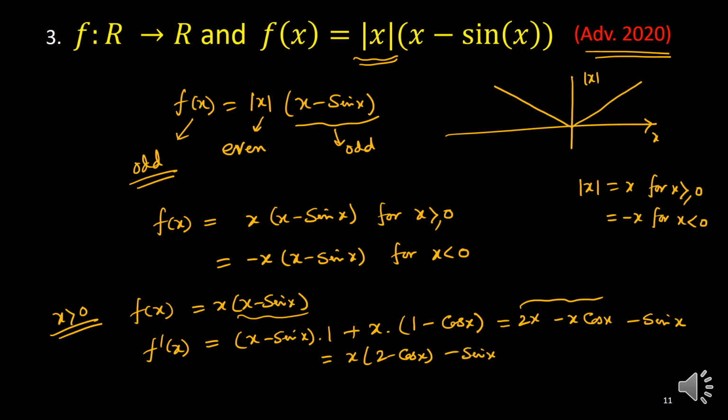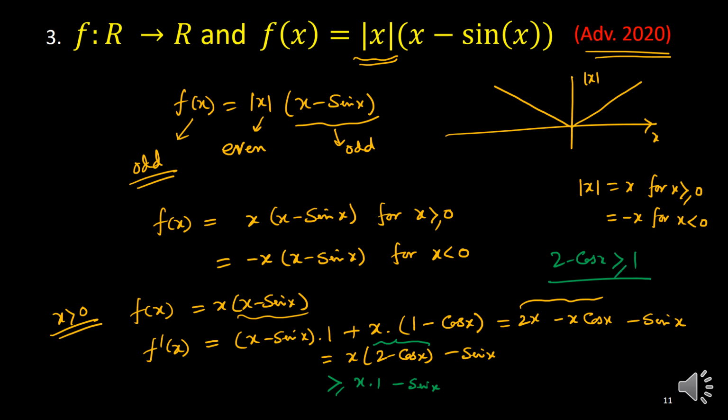Now as I discussed earlier, this part 2 minus cos x, cos x is limited within plus 1 and minus 1. So obviously 2 minus cos x is more than or equal to 1 always, okay. So this is more than or equal to x into 1, that I can put, minus sin x, right?